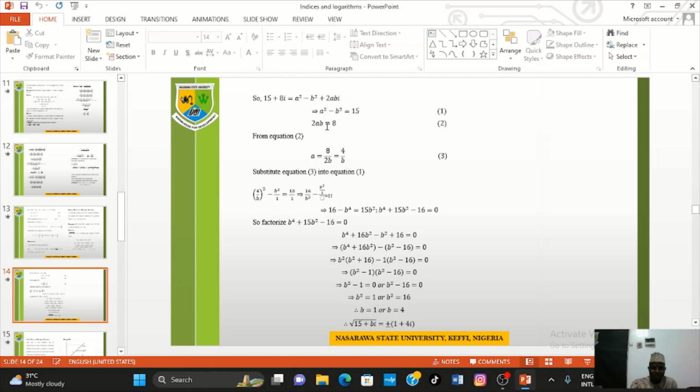Then from equation 2, you make a the subject. As we are looking for a here, a now equals 8 all over 2b. So 2 into 2 will give us 1, and 2 into 8 will give us 4. Then our a now will be equal to 4 all over b.